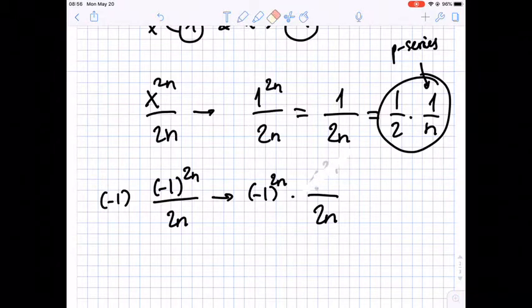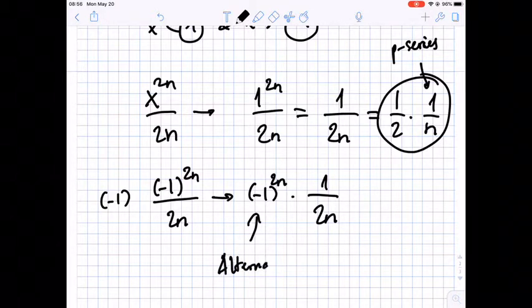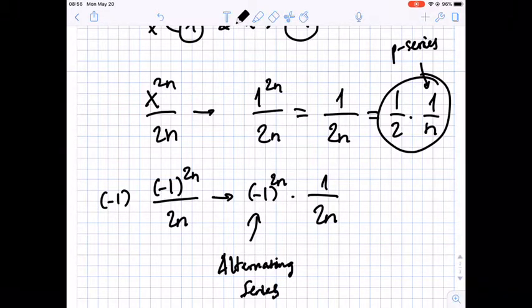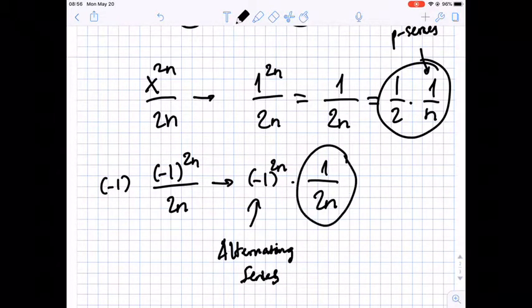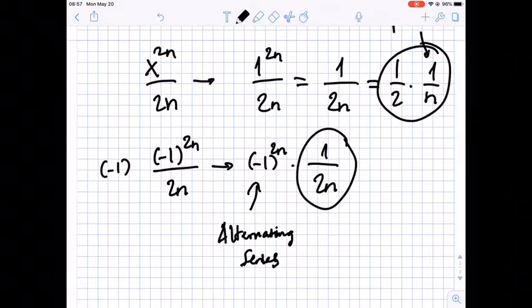We can clearly see that the -1 reminds us of the alternating series. With that in mind, we can see that this limit goes to 0, and in absolute value it decreases, therefore this thing converges.